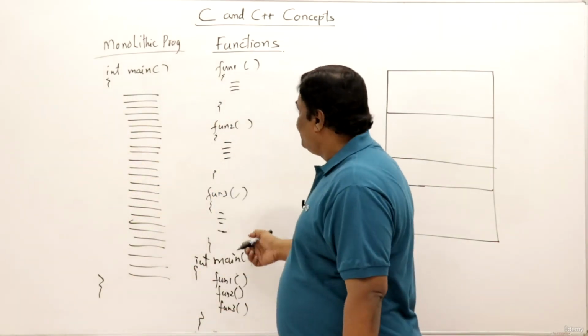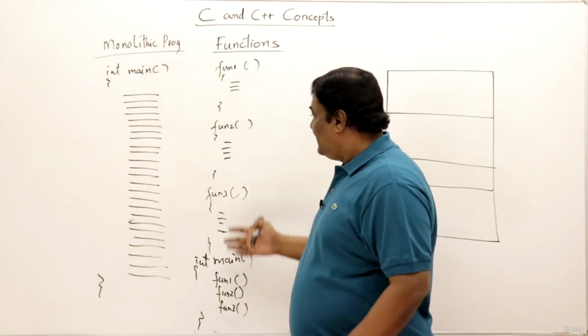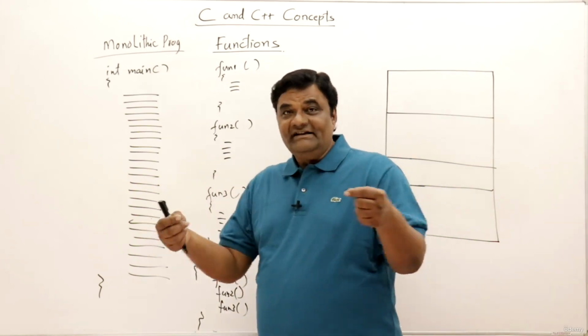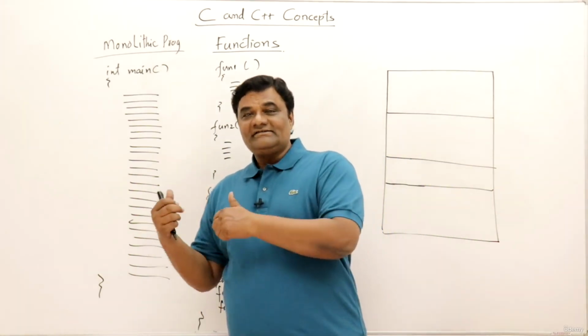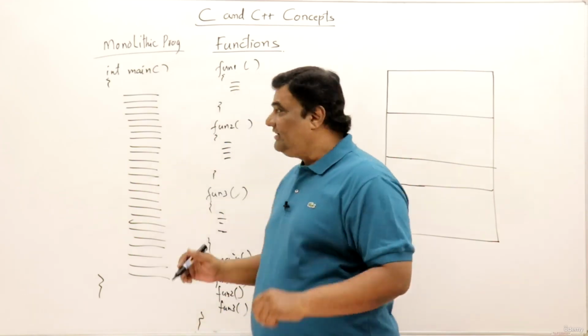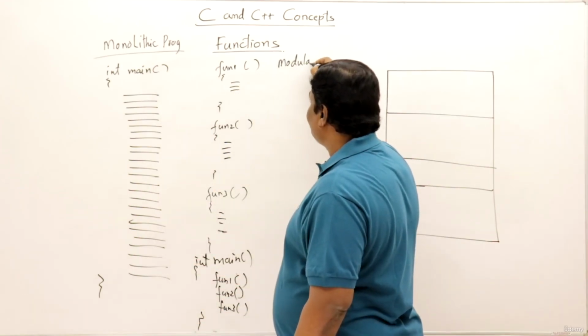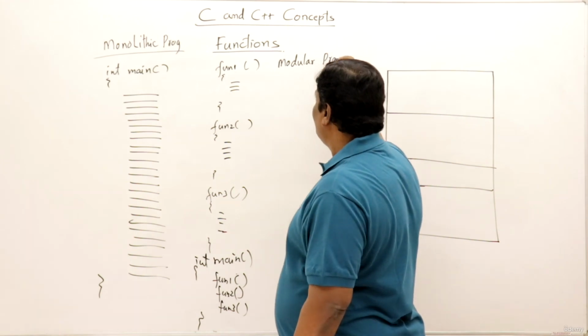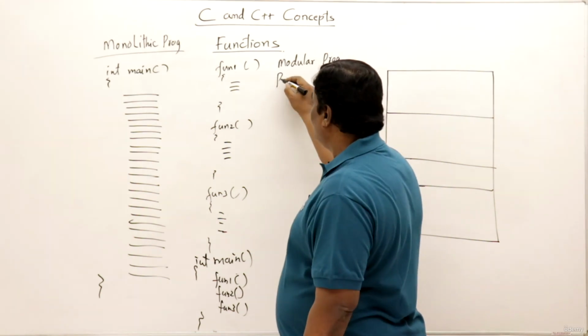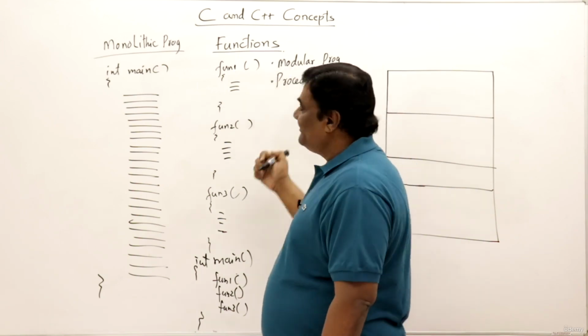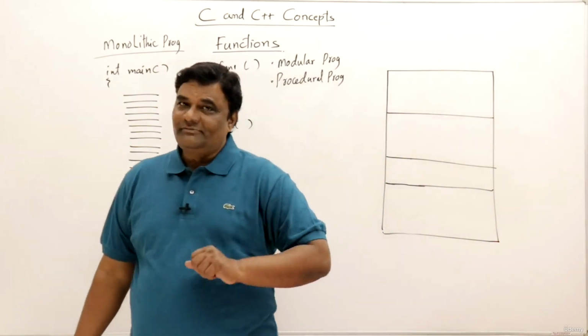Now, breaking a program into smaller pieces of functions and using those functions inside the main function, that is integrating them all together, this is another style of programming. This is called modular programming or procedural programming.